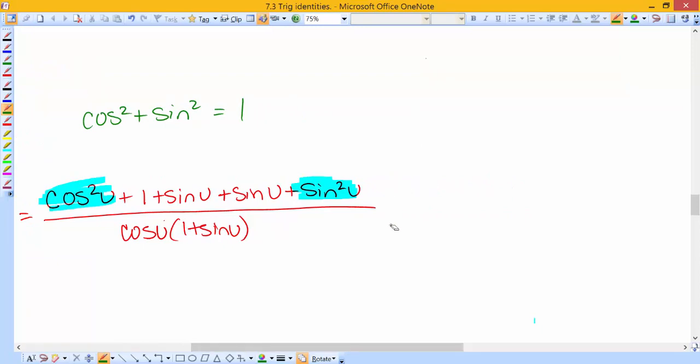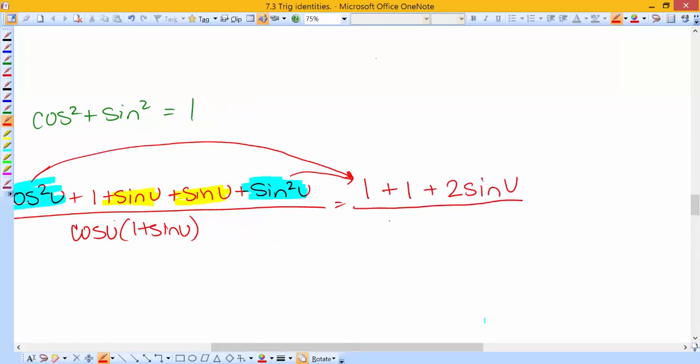So I have 1. So that's this one right here. Actually, let me draw the arrow this way. Cosine squared plus sine squared gives us that 1. Then I have the 1 that was originally there, so plus 1. Now look at these two sines. Sine plus sine. Sine plus sine is 2 sine.